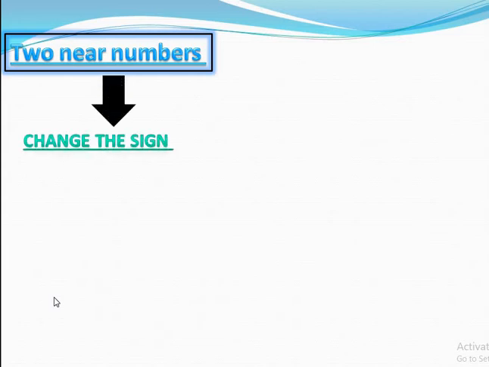Okay. The other idea, if we have near numbers, like space minus 5 equals 4. So 5 and 4 here, there is no space between them. So we call these two numbers near numbers.